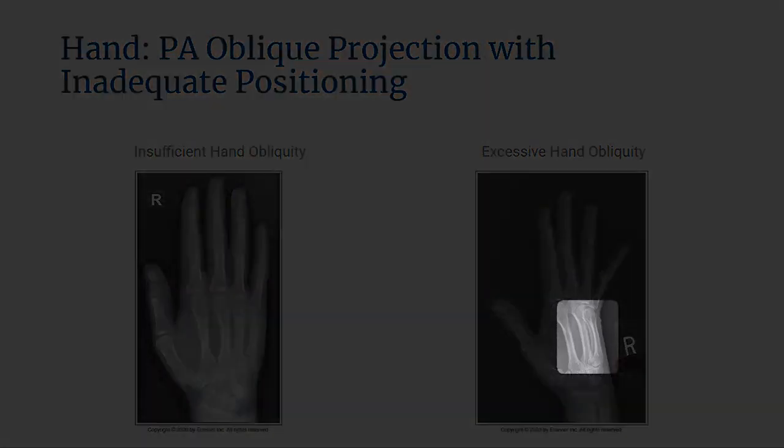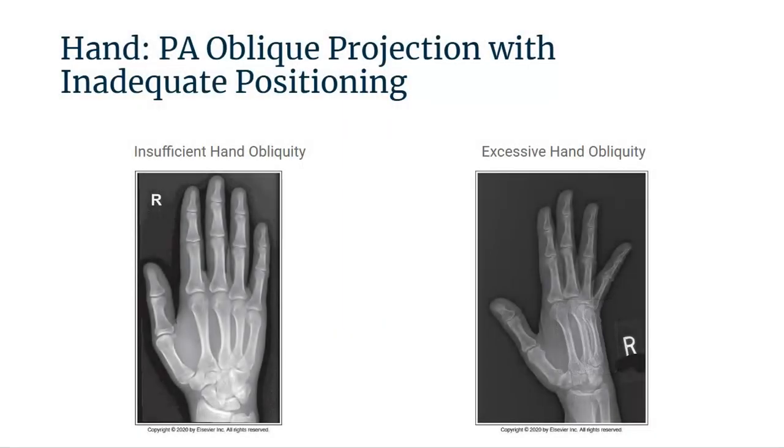However, when excessive rotation occurs, the space becomes obscured and the 4th and 5th metacarpal midshafts demonstrate partial superimposition. It's crucial that we maintain the correct degree of obliquity to achieve the diagnostic image that Merrill's requires.